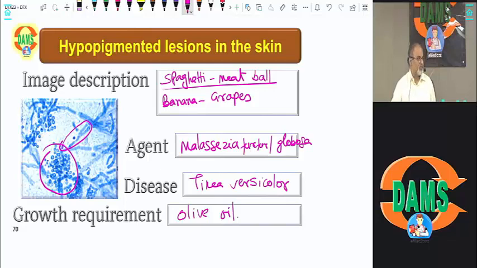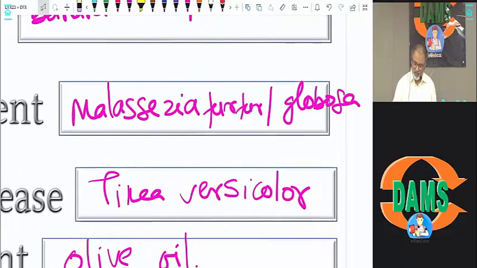It grows in the presence of olive oil in the culture medium, so we call it lipophilic fungi. We have completed 70. Agents: Malassezia furfur, Malassezia globosa.